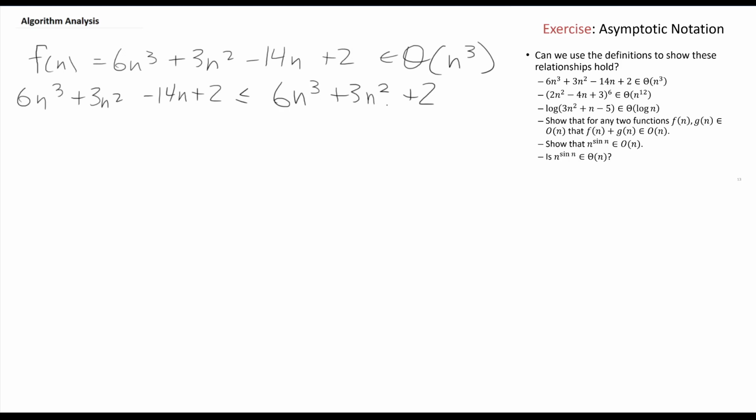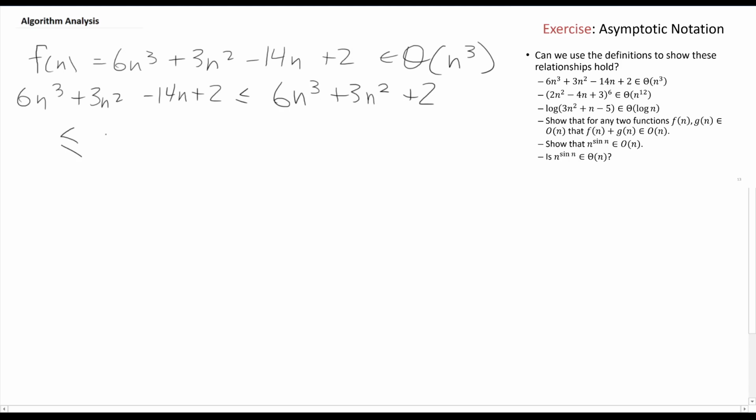And that's what we're trying to do, get an upper bound, so we're allowed to use tools that make the whole thing larger. So let's go ahead and multiply some of our terms. Now, we don't want to mess with the first term. The 6n cubed is already an n cubed term. It already matches the pattern that we're looking for. So I'm going to multiply 3n squared by n. So I'm going to continue down here.